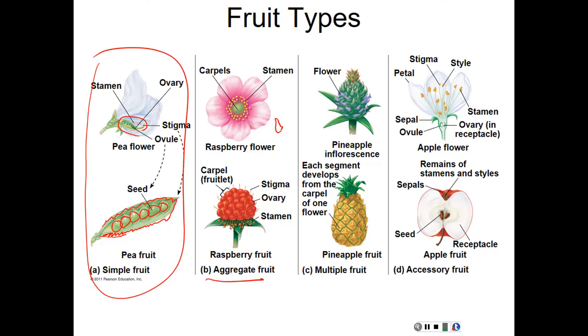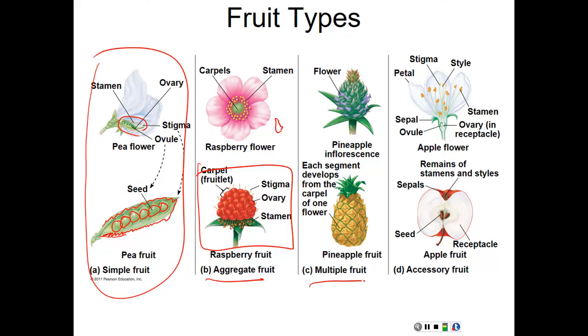We had multiple separate carpels on a single flower, and each of these multiple separate carpels became its own little fruitlet, but they stay clustered together. And a great example of this is something like a raspberry or a blackberry, right? If you look at them, you could actually pull all those little tiny balls apart, because it's actually an aggregation of lots of little tiny fruitlets.